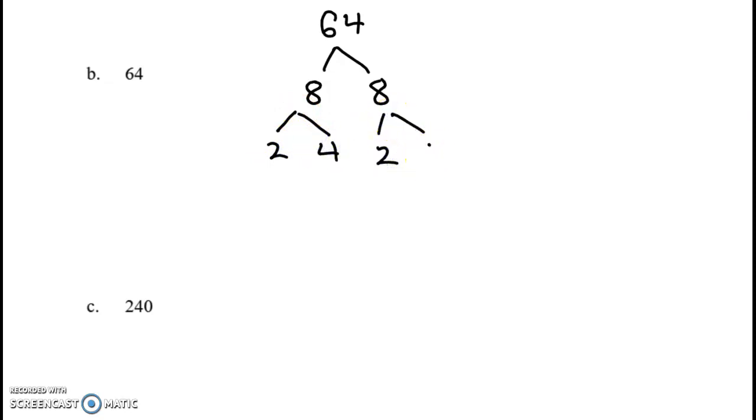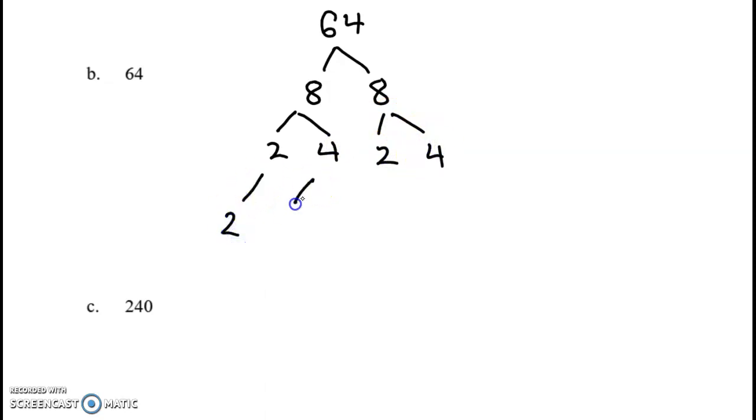Alrighty, moving on. 64. So 64 we can split into 8 times 8, square number. 8 I can each split into 2 and 4. Split those up again.